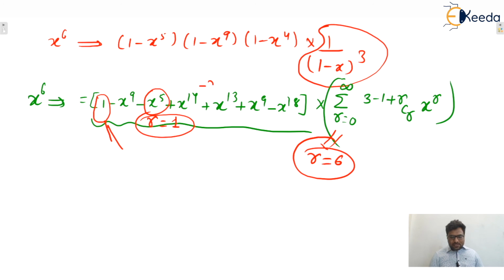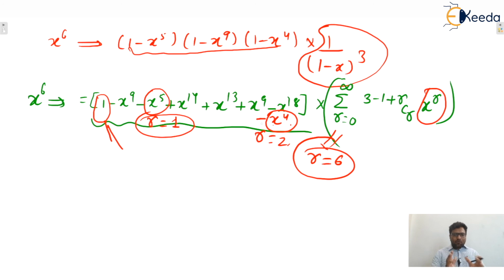Here minus x power 4 is also there, isn't it? After multiplication you will see minus x power 4 also there. So we can write it down here. Yes, minus x raised to power 4 is also there. So from here, when r value is 2, x square will be multiplied with x power 4, and we'll get the x power 6.